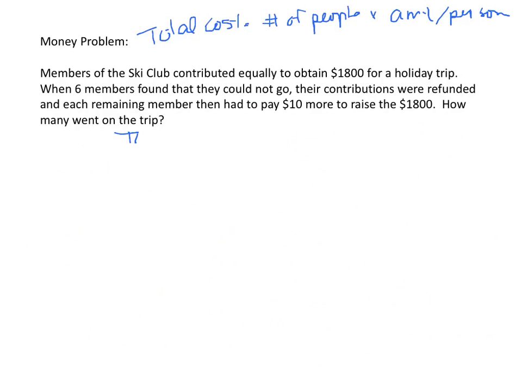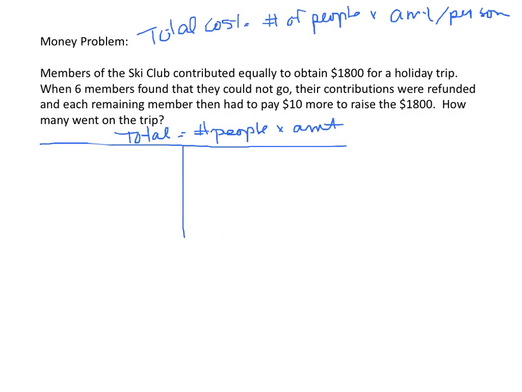So there's the total cost. Here's my number of people. And there's my amount per person. So I have my original group, and then I have my new group.